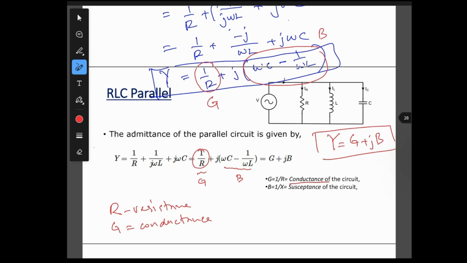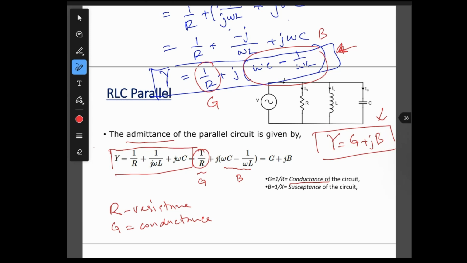Any question for this part? For the admittance part, admittance is 1 over R plus this term, simplified already into this form.